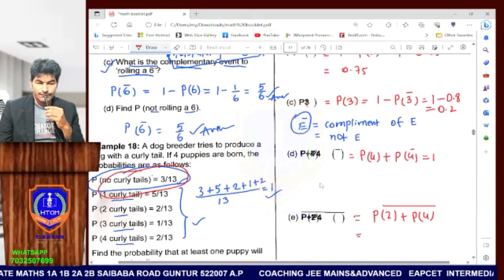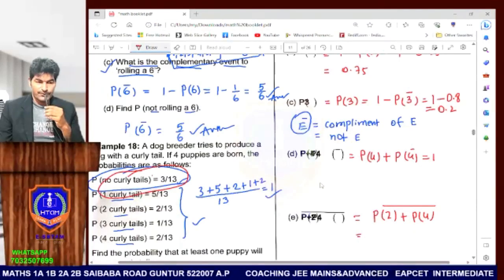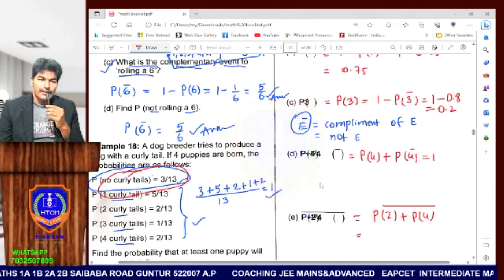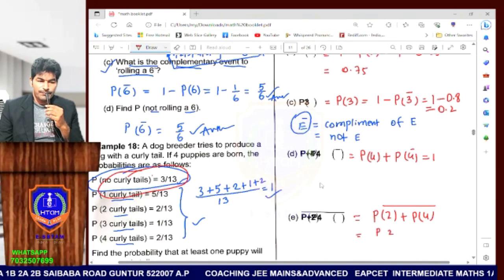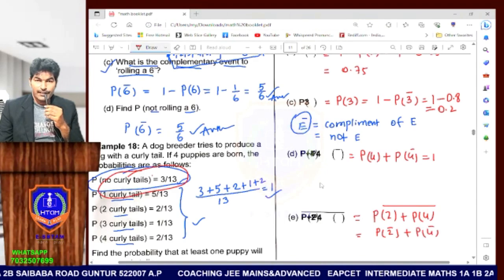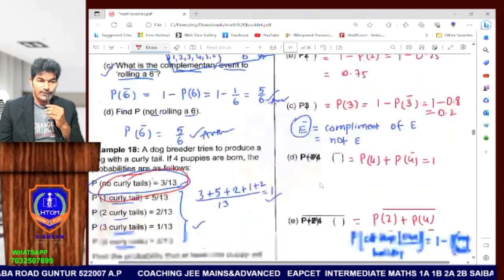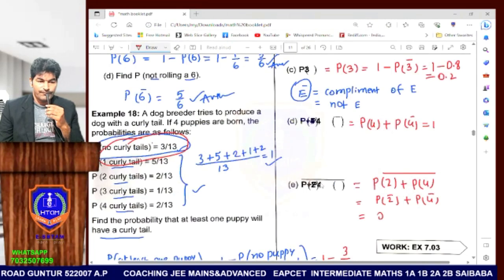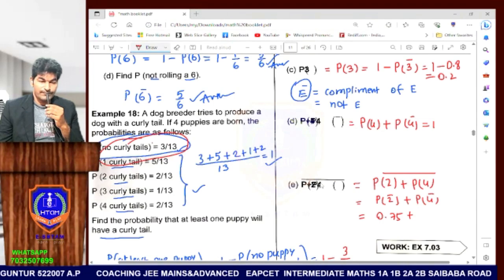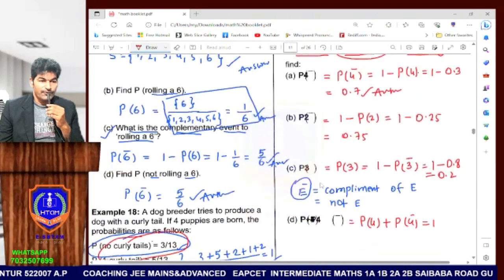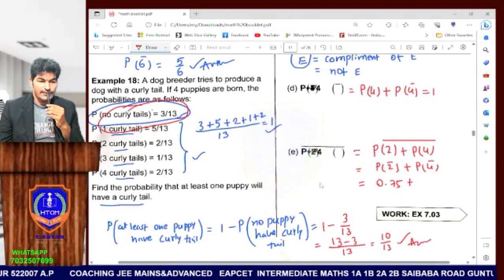First, we will calculate this P of 2 bar and P of 4 bar. This is nothing but P of 2 bar plus P of 4 bar. You can take it like this. So P of 2 bar, we already found that value as 0.75. And remember one thing, probability cannot be more than 1. And P of 4 bar, how much is that? 0.7.